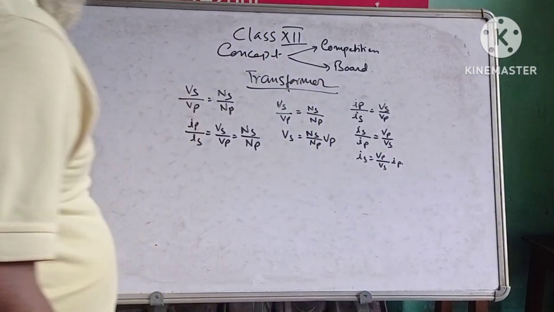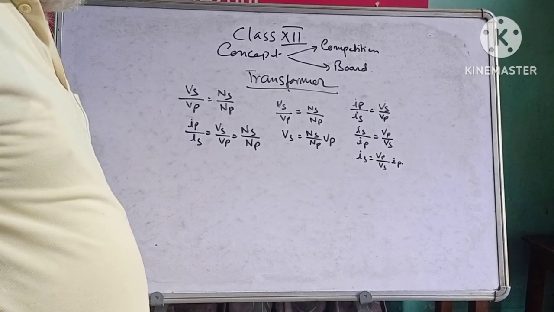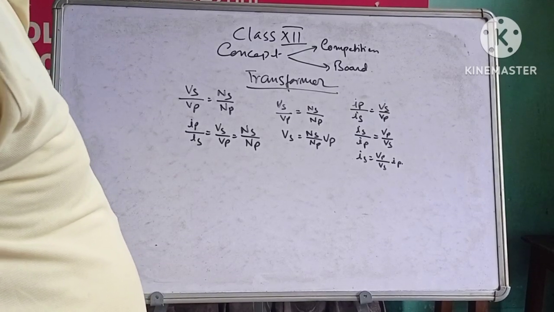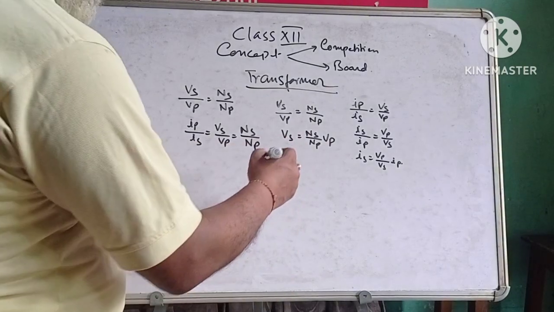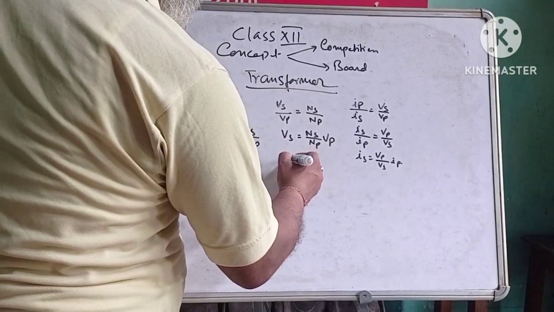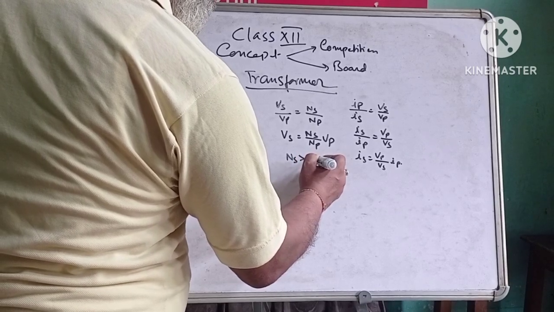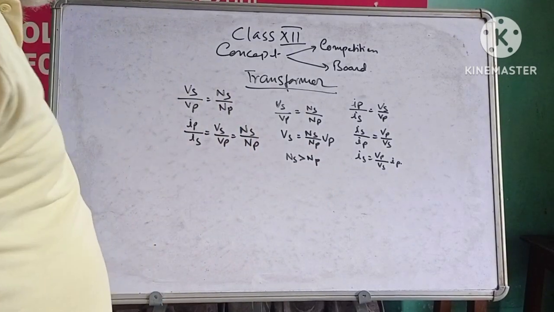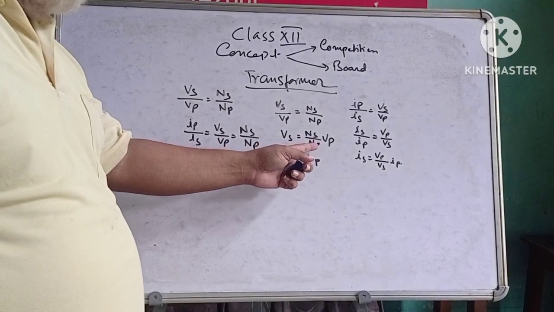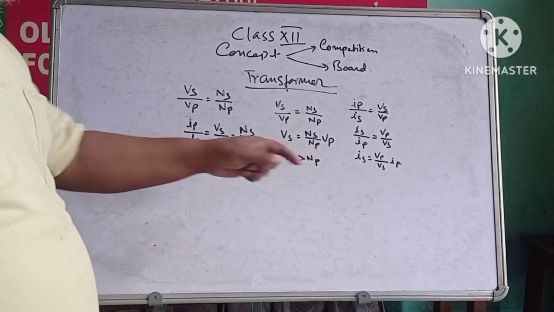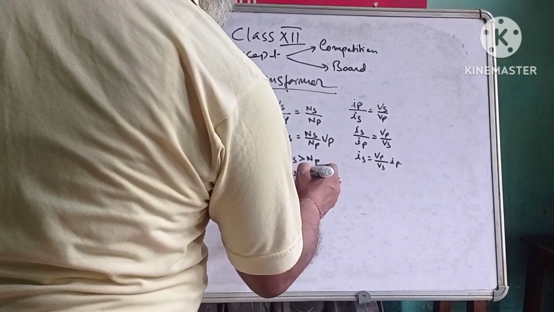Here you see one thing. If number Ns is greater than Np, that means your Vs is greater than Vp.